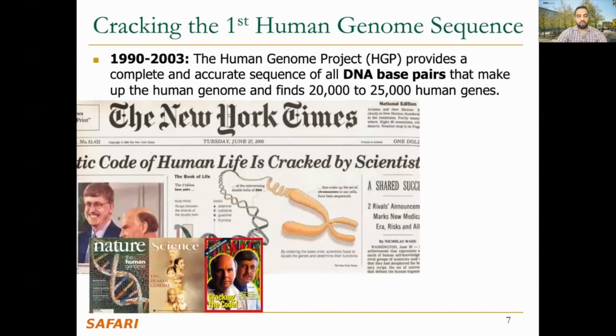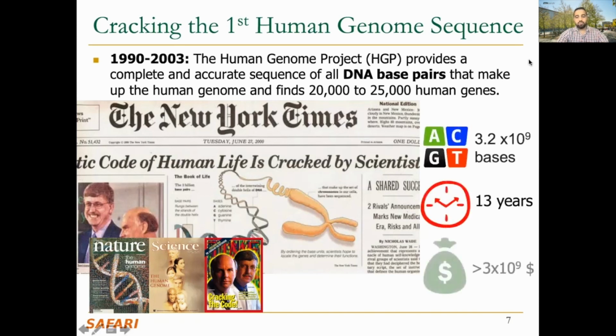Now, where did we get the reference genome? It was built by an initiative, a consortium between different countries, started in 1990. We worked on it for 13 years to get the first draft, and then the improvements continued in the following years. Every year we got a small modification to a major version, even until 2021, we kept updating this reference genome.